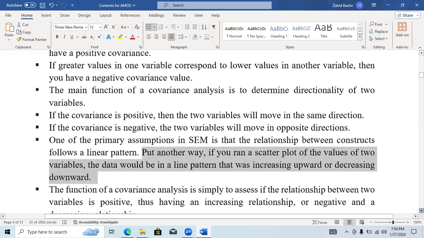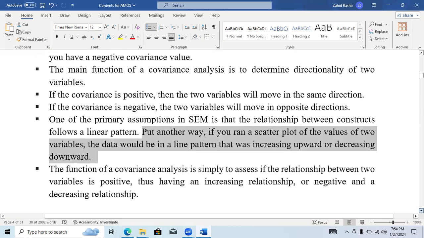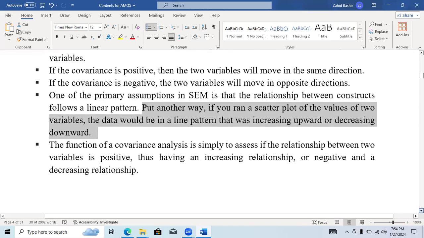So you can find out through the scatter plot whether there is a linear pattern or not, and it will also indicate the covariance pattern of the relationship.